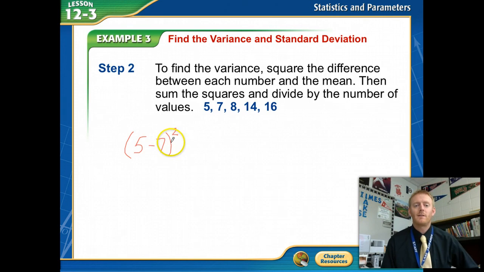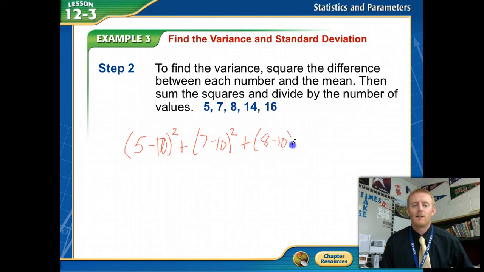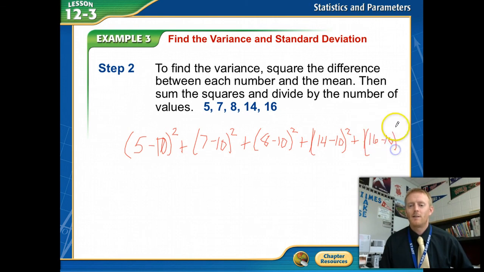So 5 minus, this isn't 7, it was 10. 5 minus 10 squared, plus 7 minus 10 squared, plus 8 minus 10 squared, plus 14 minus 10 squared, plus 16 minus 10 squared. So this is finding the variance.